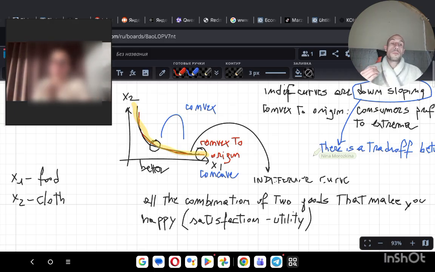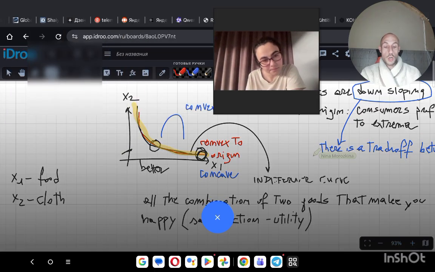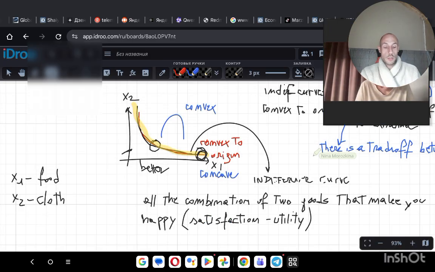Now, whenever you have several indifference curves on a graph, let me go down here, like this. Indifference curves never cross. So say that we have one indifference curve, the second indifference curve, like this, and let me label them.